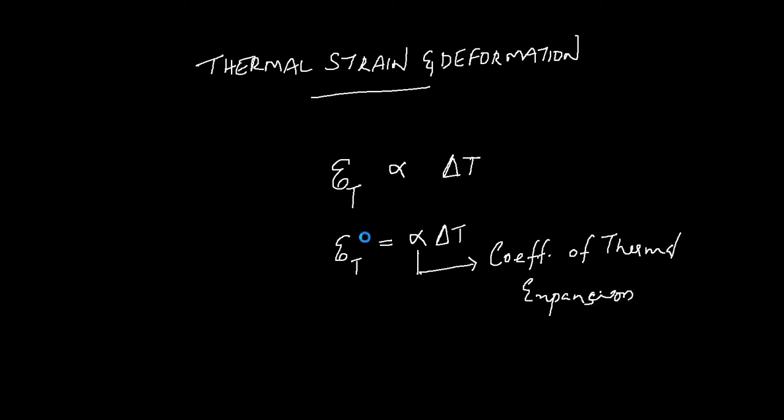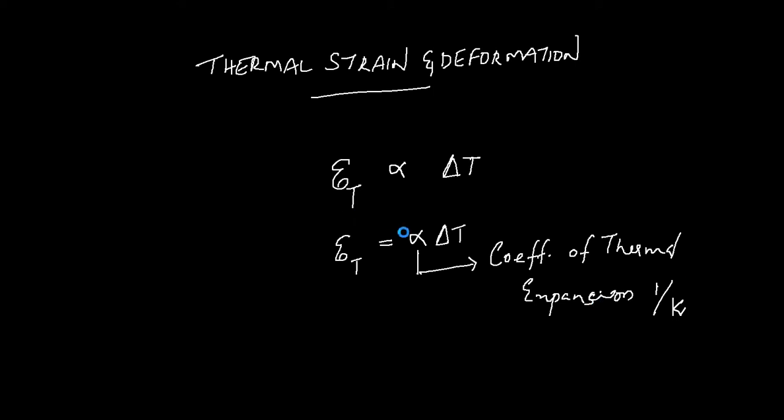and because strain does not have any units, you can see alpha should have a unit of per degree, or 1 per Kelvin, or degree Celsius, or whatever the temperature unit is. Usually, because it's a delta T, you do not have a specific unit, but we say this is per Kelvin.